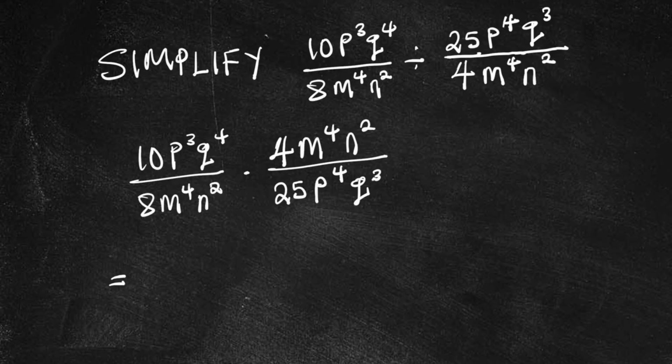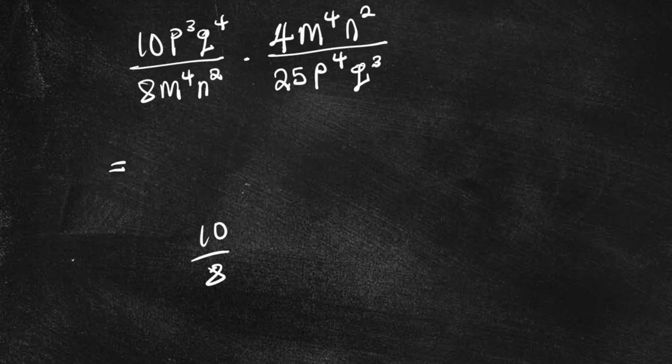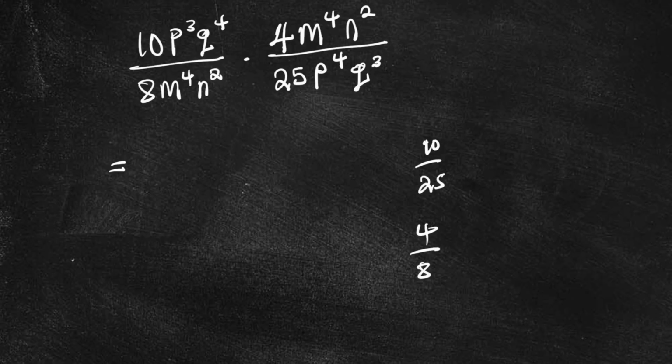What is next? I look at the numbers. When I look at 10 and 8, I cannot simplify 10 and 8 directly, because 4 and 25 do not have a common factor. So instead, on the side here, I can do 10 divided by 25 and 4 divided by 8.